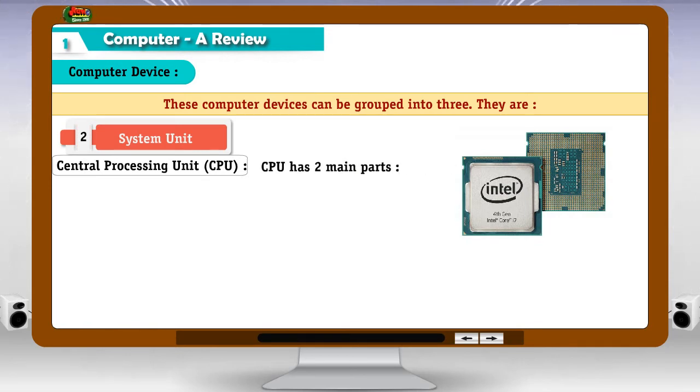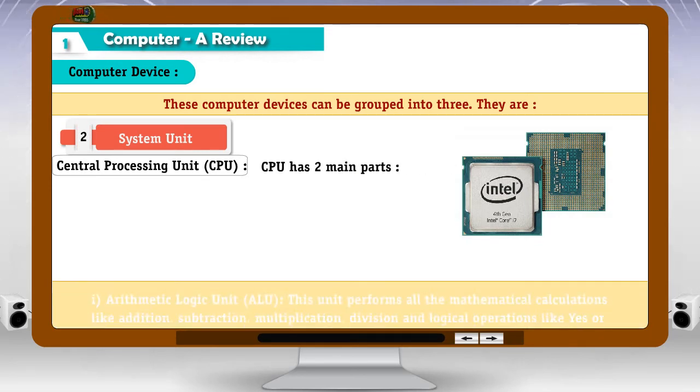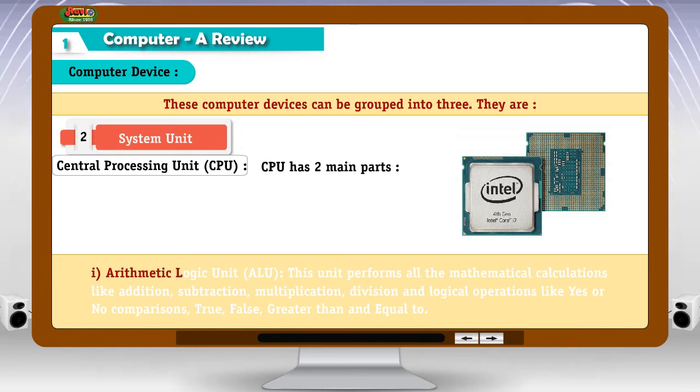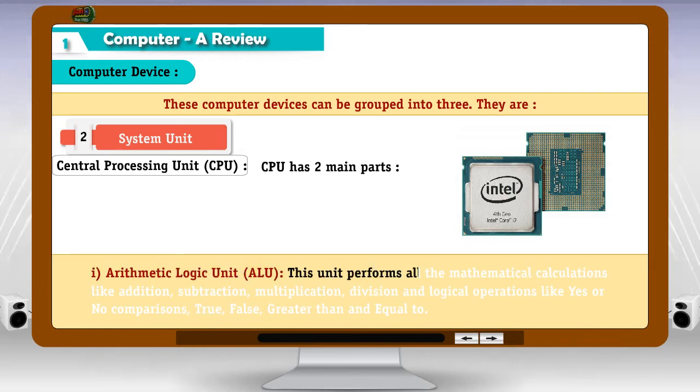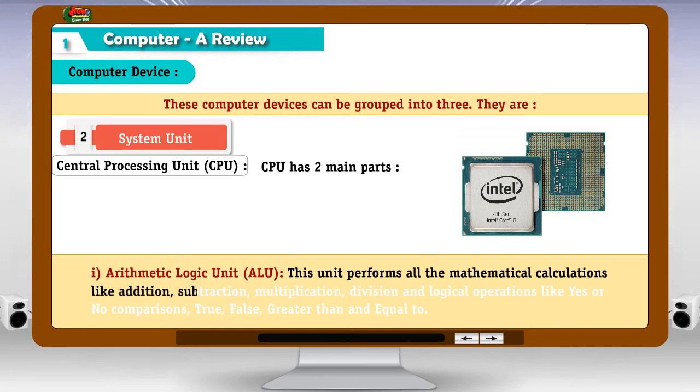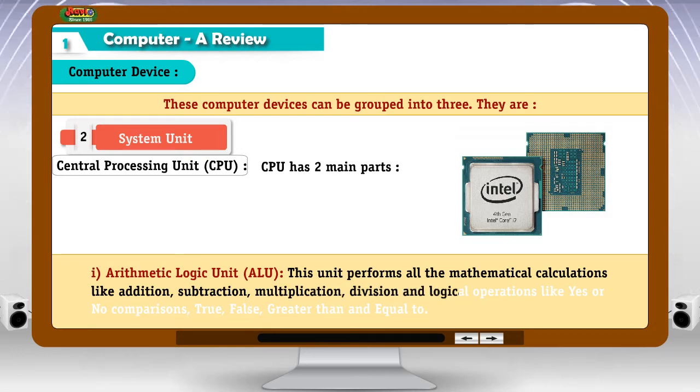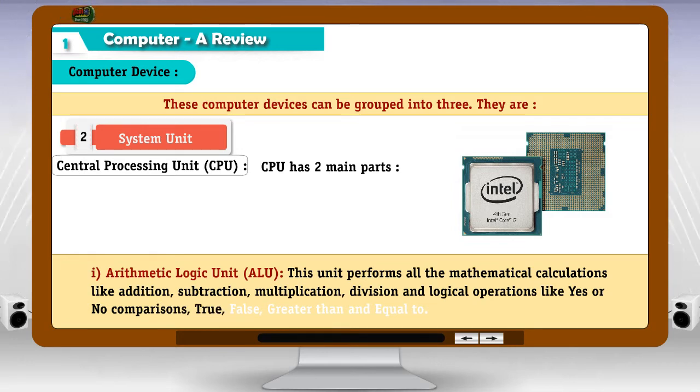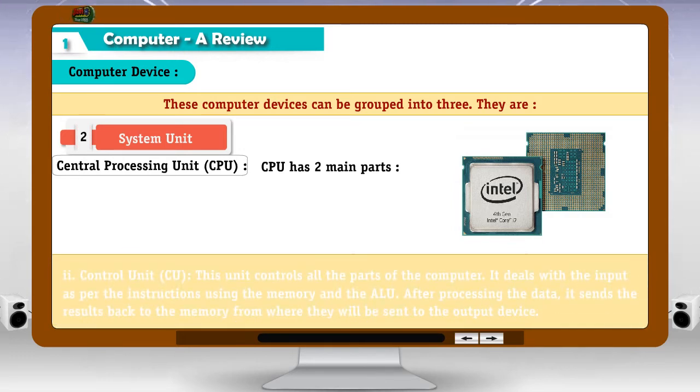CPU has two main parts. One, Arithmetic Logic Unit ALU. This unit performs all the mathematical calculations like addition, subtraction, multiplication, division, and logical operations like yes or no comparisons, true, false, greater than, and equal to. 2.